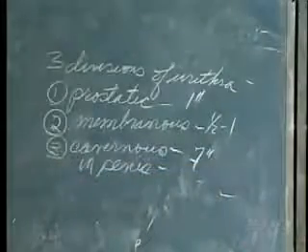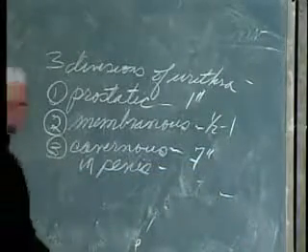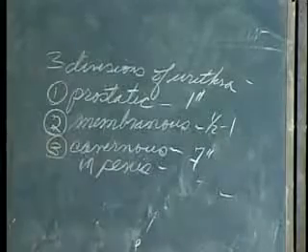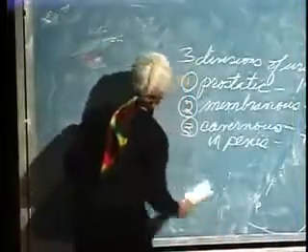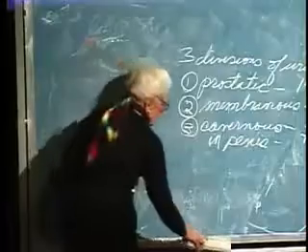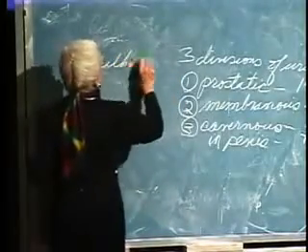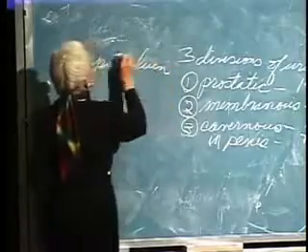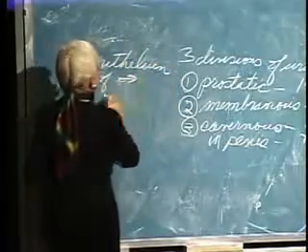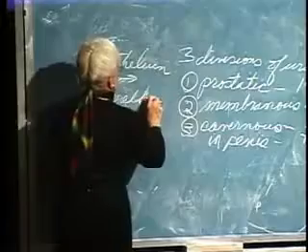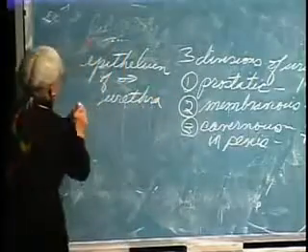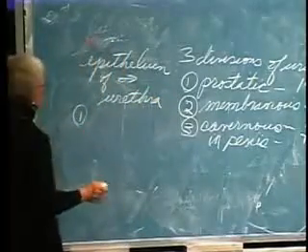Oh, it's interesting just to know that the epithelium does vary within the urethra of the male. The epithelium of the male urethra: the first part is going to be transitional.